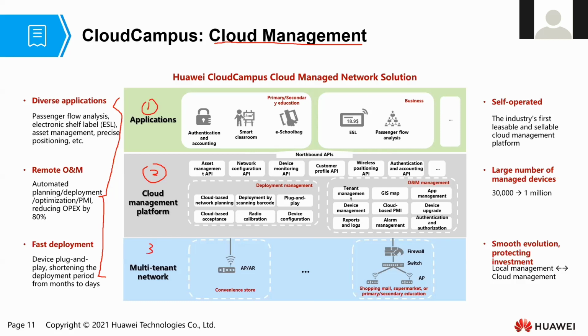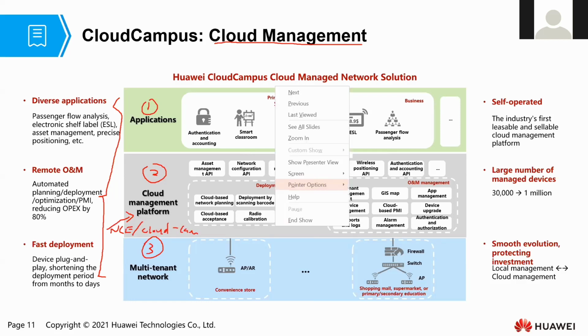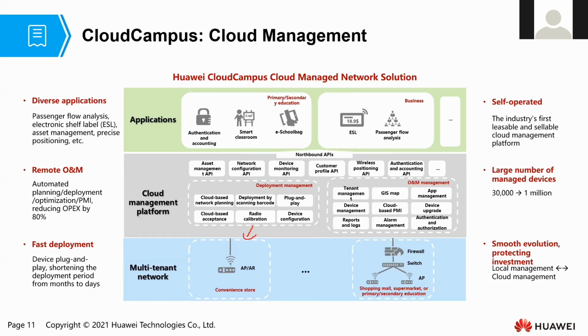The third layer is the multi-tenant network. At the cloud management platform, we will have our NCE, or Cloud Campus. Our Cloud Campus uses netconf, or you can also use SNMP.